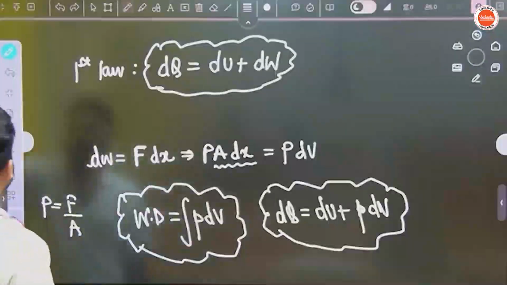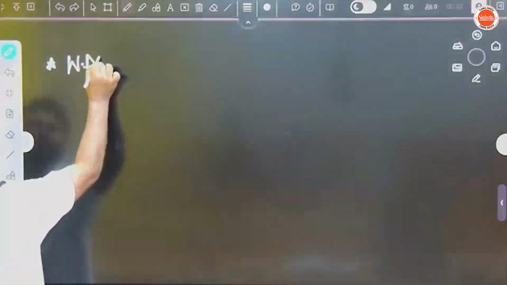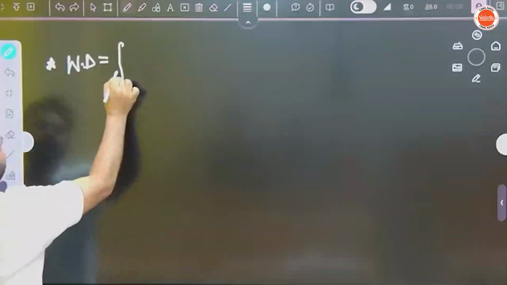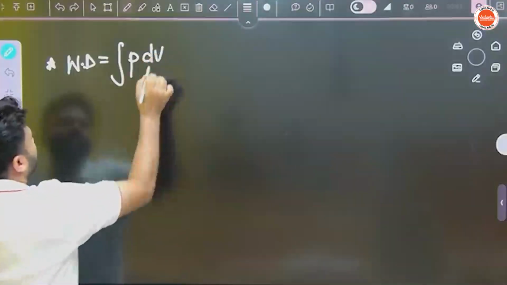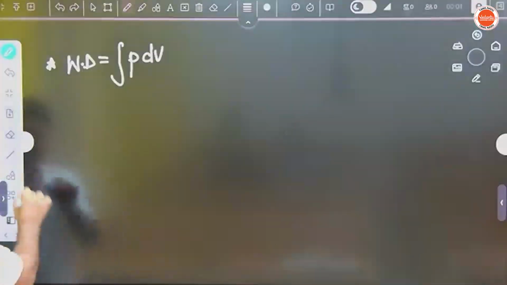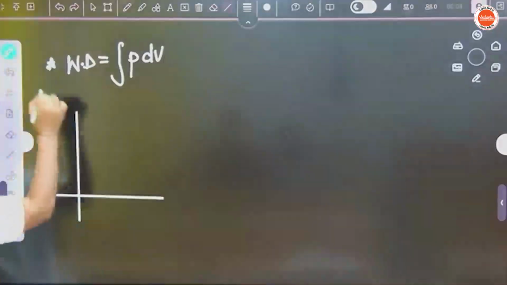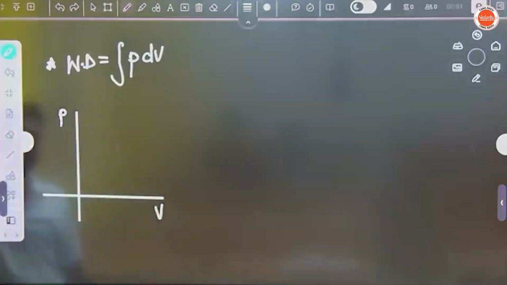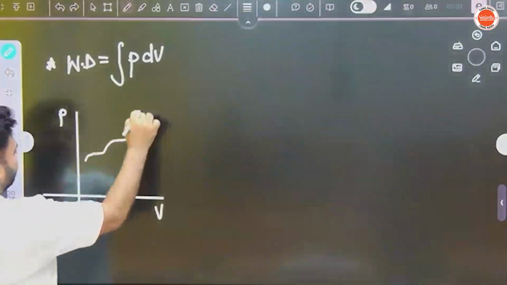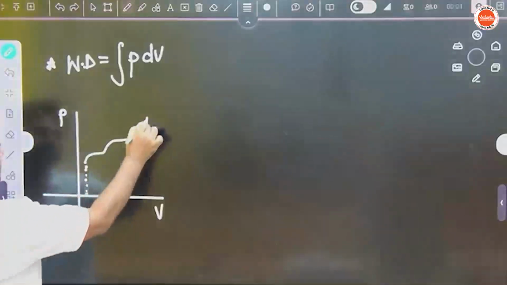So always remember, the work done formula is very important: work done is nothing but the integration of P dV, where P means pressure of the gas and dV means change in volume. Achha, if we have a PV graph, pressure versus volume graph, and there is any graph like this, what is the area under the graph?